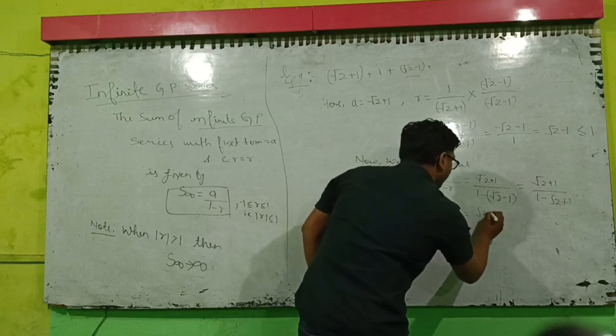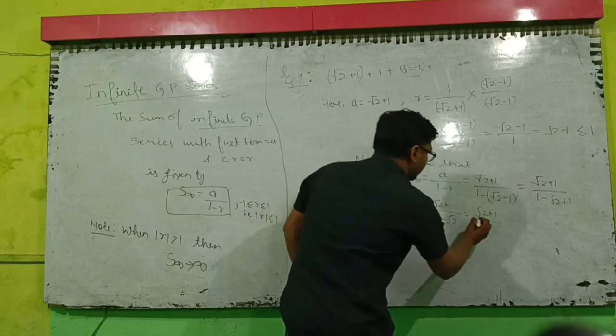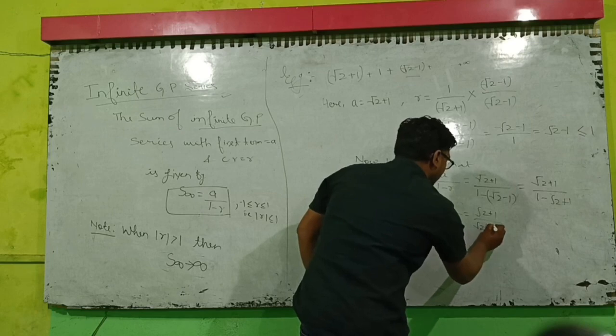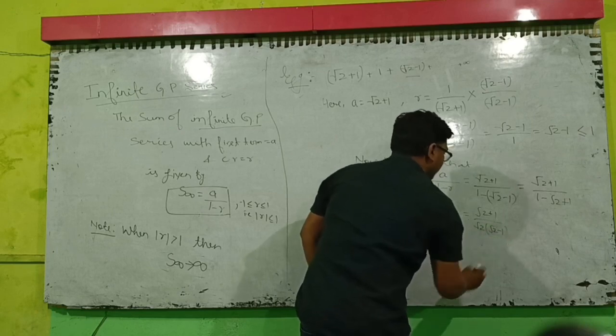Now we take root 2 as common, so we get root 2 times root 2 minus 1.